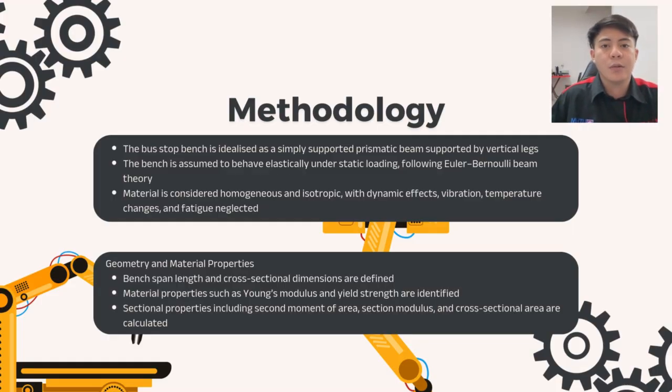The material is considered homogeneous and isotropic, with dynamic effects, vibration, temperature change, and fatigue neglected. For geometry and material properties, bench span length and cross-sectional dimensions are defined. Material properties such as Young's modulus and yield strength are identified.